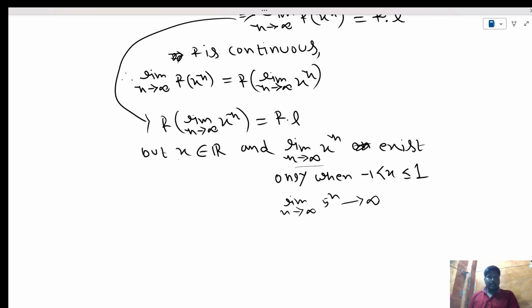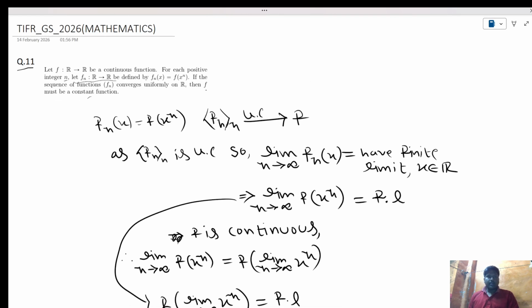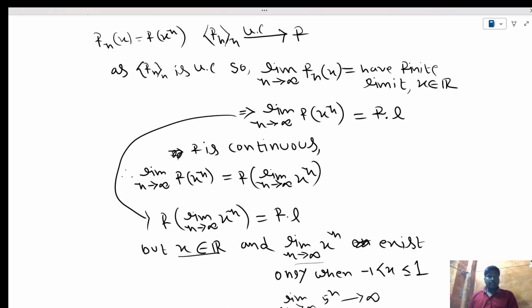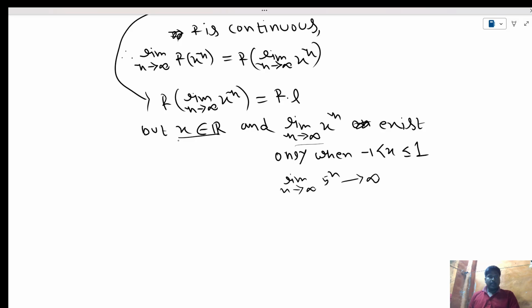But here x belongs to R, because the function is uniformly convergent on R, so x should be any number from R, yet according to this definition x should lie between minus 1 and 1, and it is also given that it has a finite limit. So the only possibility is that f is constant.